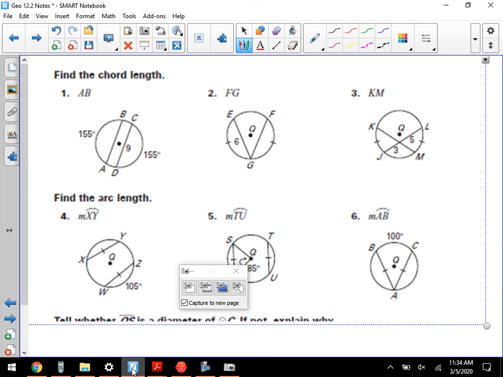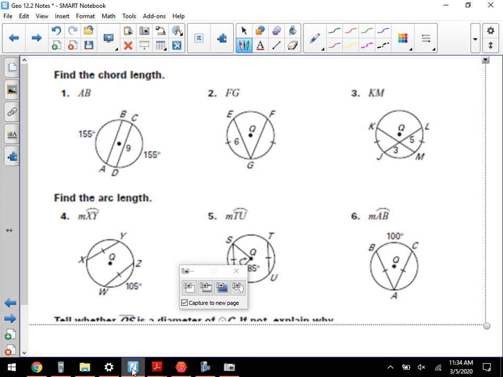What are they called? Well, we don't know the chords are the same. We know the arcs are the same. So the arcs are the same, which means the chords that run into them have to be the same, which means the other one, the FG, has to be.